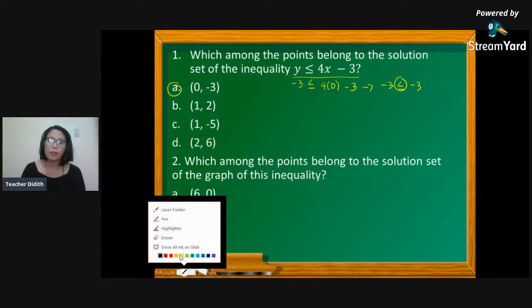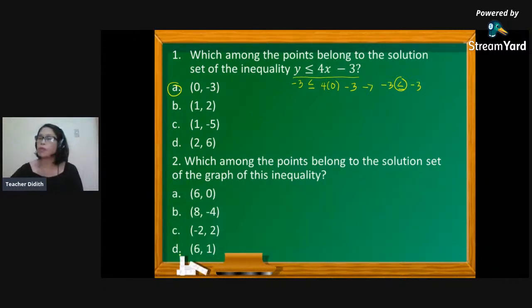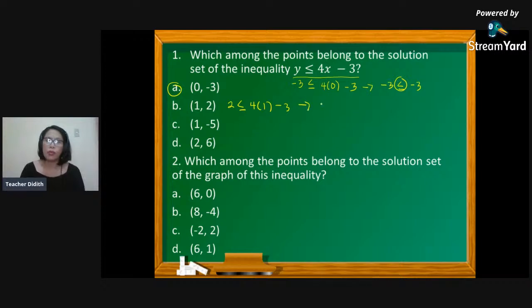So we have 2 is less than or equal to 4 times 1 minus 3. So this is 2 is less than or equal to 4 minus 3, which is 1. This is a false statement, because we all know that 2 is greater than 1.